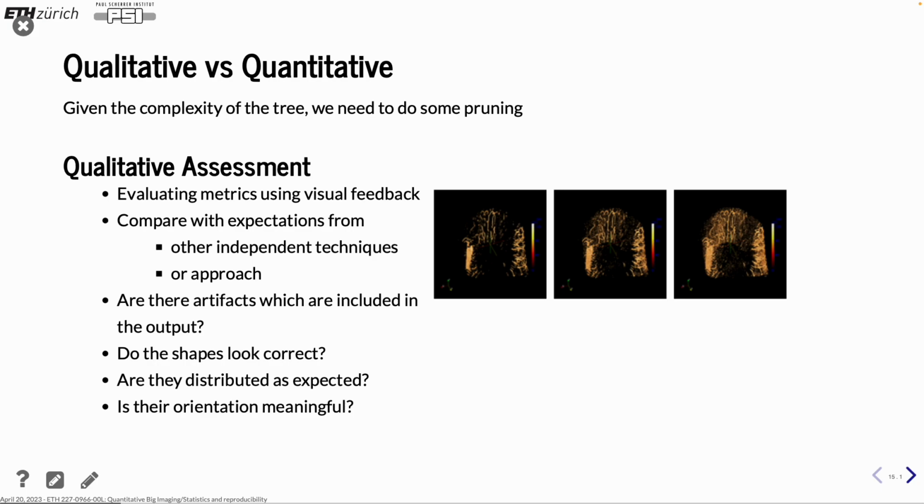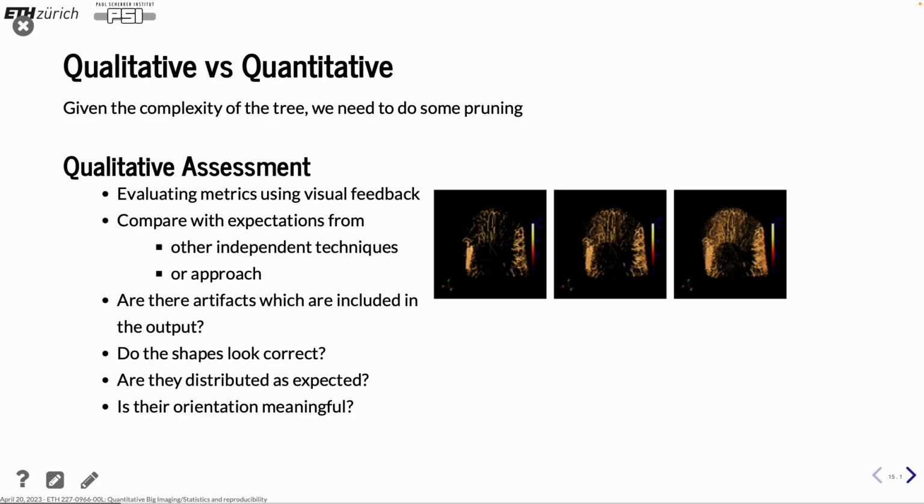And also checking what kind of artifacts we see. There's also a quick inspection saying, okay, this one has more ring artifacts than this one. Okay, then that's probably better. And feedback if the shape looks correct. So all these assessments are good for you during your development. It's a quick assessment.